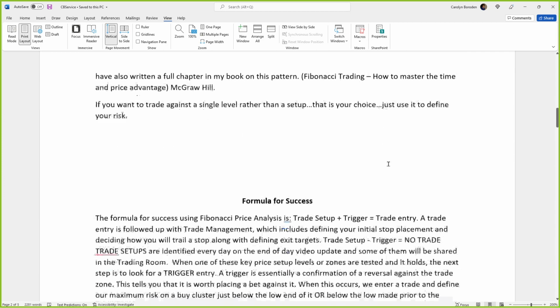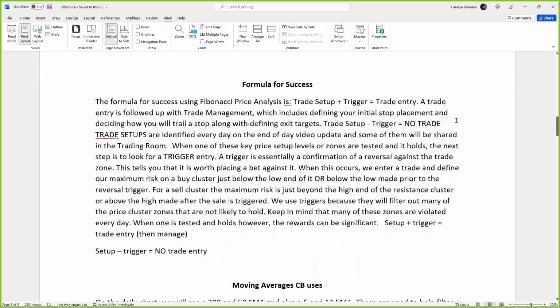Okay, so it's okay if you want to use something that's not an official setup, but if you're going to do that, I would probably focus on the extensions where moves tend to terminate, or 618. That's one of the most powerful ratios, the 618. I'd be less likely to do a trade against a 382 or a 50%. You can use that for definition of risk, but you don't really have the edge.